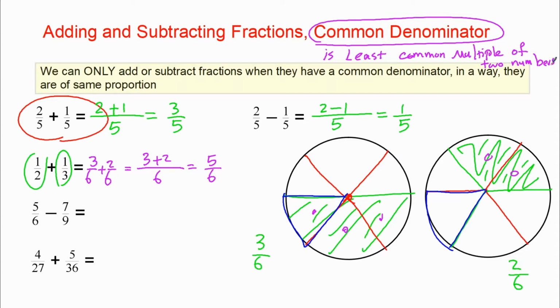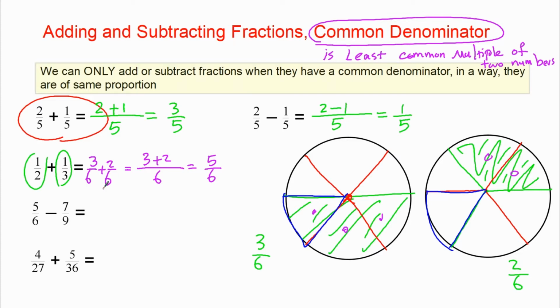So in here, 6 is the least common multiple of 2 and 3. So least common multiple. What I am going to do now is go and do the other two examples based on finding a common denominator, based on finding the least common multiple of two numbers.